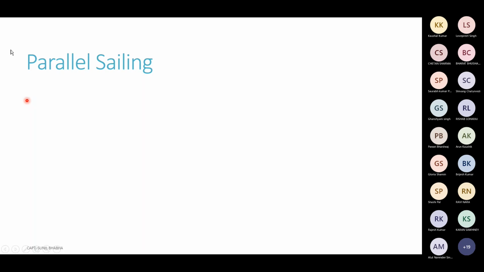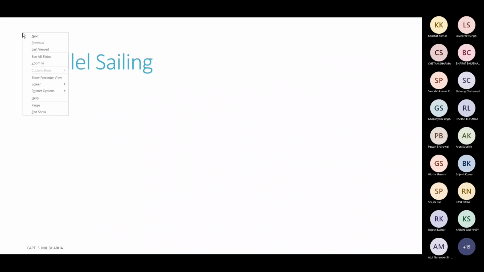I will repeat that once again. First 3 were the rhumb line sailings, that is parallel sailing. Number 2, plain sailing. Number 3, Mercator sailing. And the remaining 2 are great circle sailing, that's number 4, and composite sailing, that's number 5. So what are sailings?